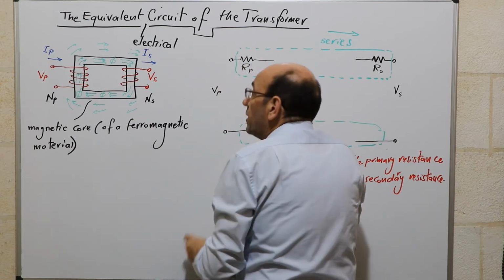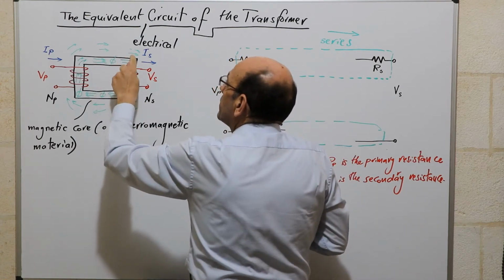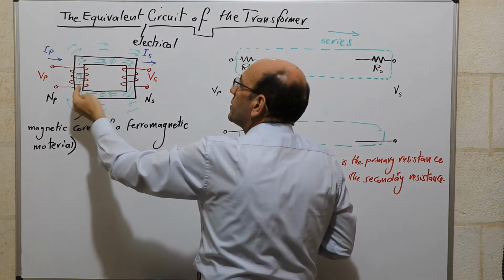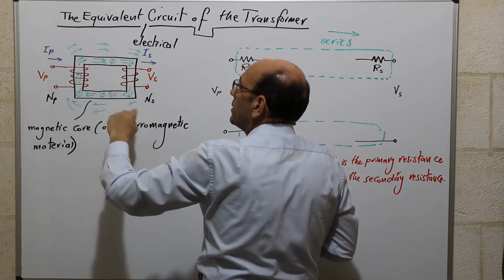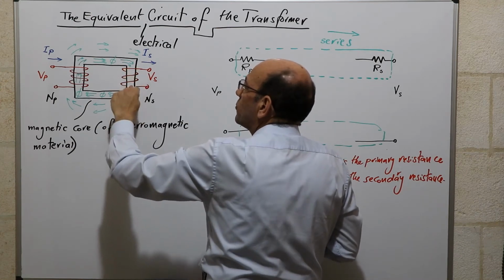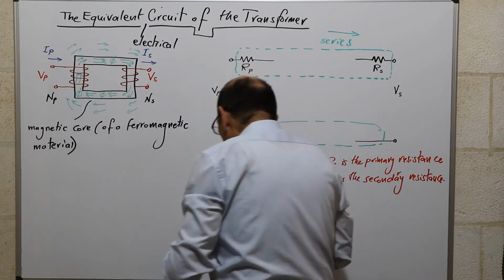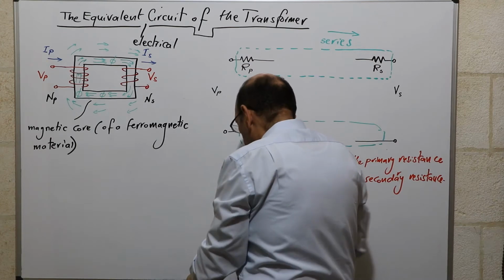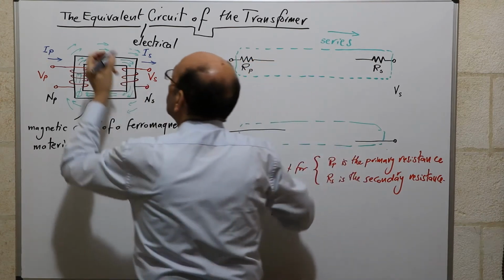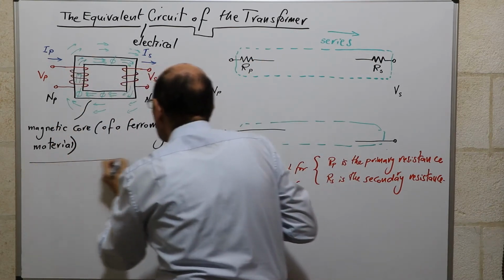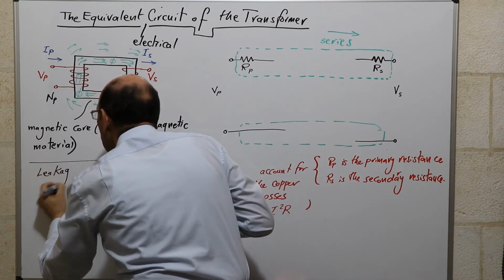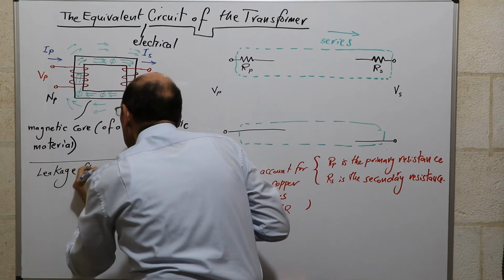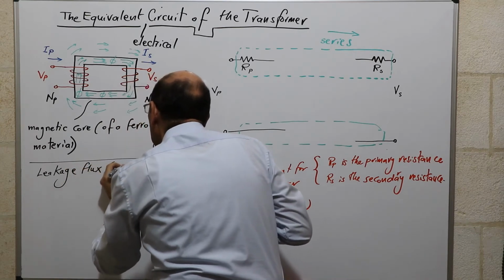What we note here, and you see these lines outside, is that not all of the flux that passes through the primary links the secondary, and not all of the flux that passes through the secondary would link the primary. So we refer to this flux as leakage flux, or leakage magnetic flux.